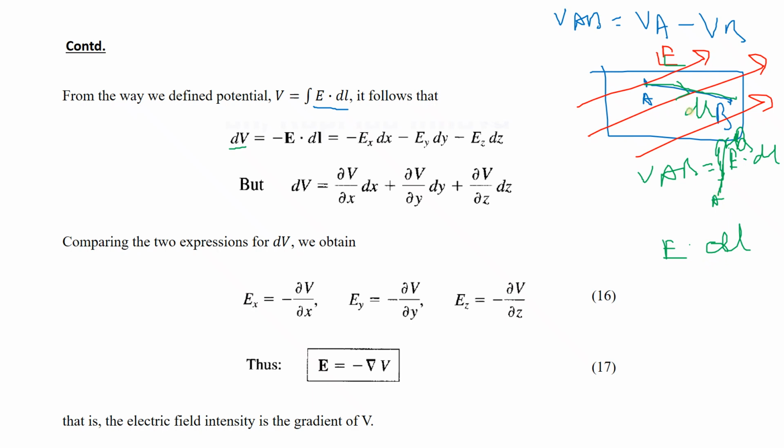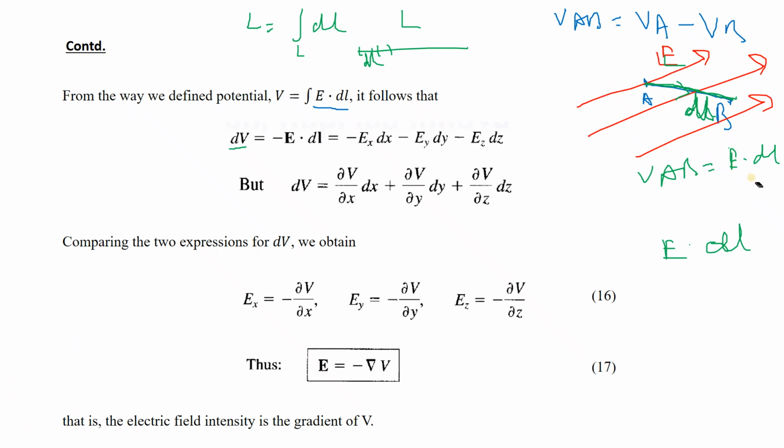It is not that the total length is L and we are dividing it into small parts dl, so that L equals the line integral of dl. That is a separate case. But in this case the entire line length is dl, so we will not use the line integral. It is just E dot dl.